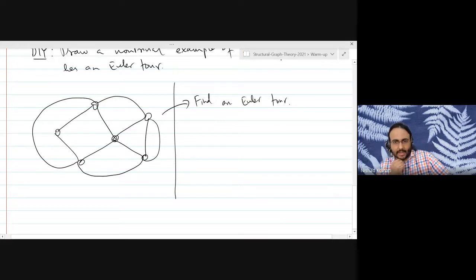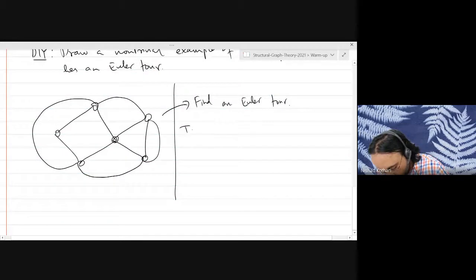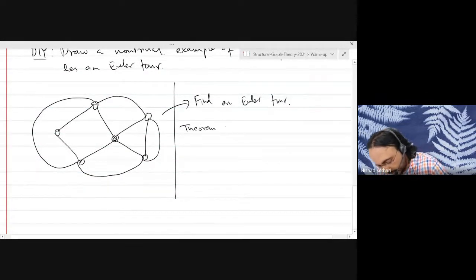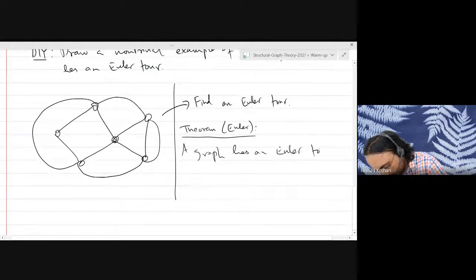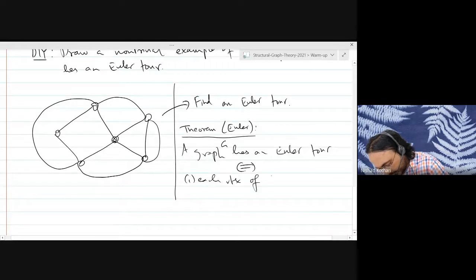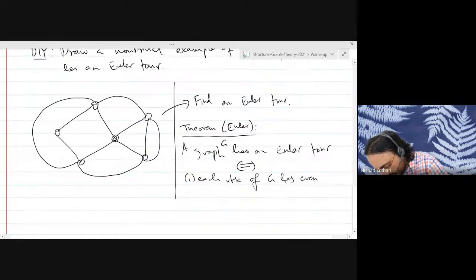I actually gave away the answer to characterizing graphs that have Euler tours in one of the exercises. It is exactly those graphs in which every vertex has an even degree and the graph has to be connected. So here is a theorem that I assume most of you have seen in your previous course on graph theory, due to Euler: a graph has an Euler tour if and only if, one, each vertex has even degree, and two, the graph has to be connected.